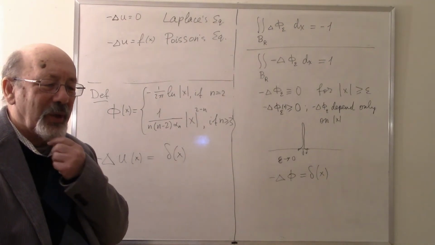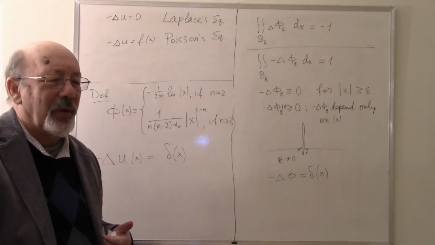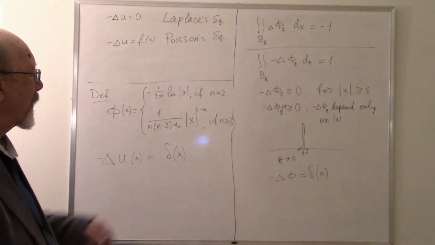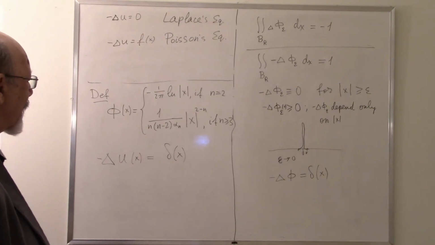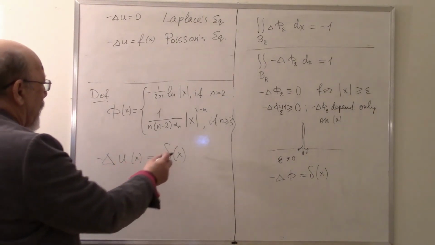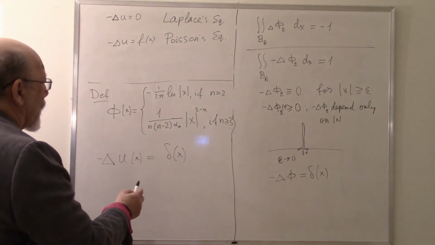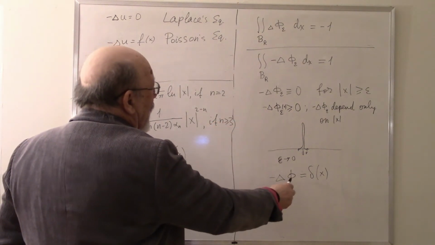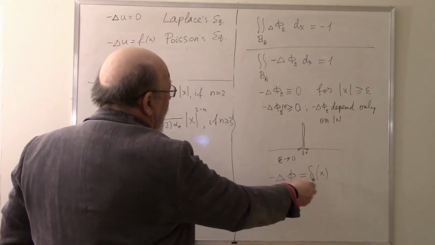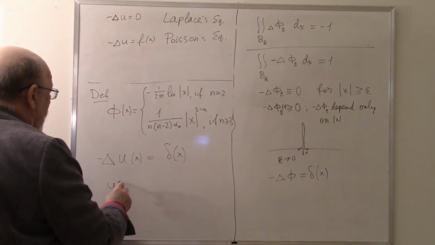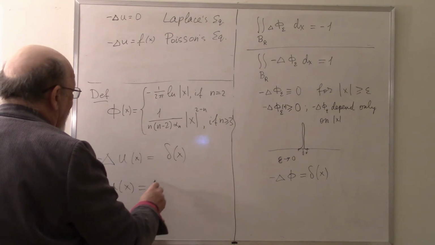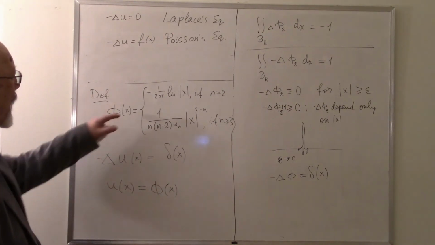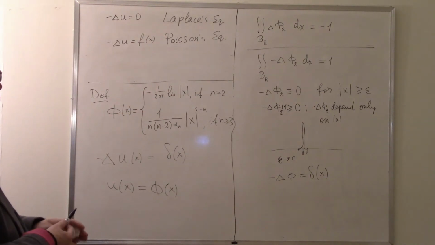We cannot find a function simpler than delta function. It's the most elementary function, delta of x, and if you solve this equation, the solution is from here. You see minus delta of function phi is delta of x. So u of x equals phi of x, which is given by these formulas.